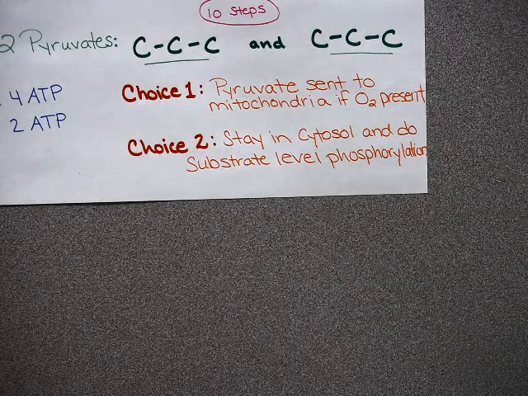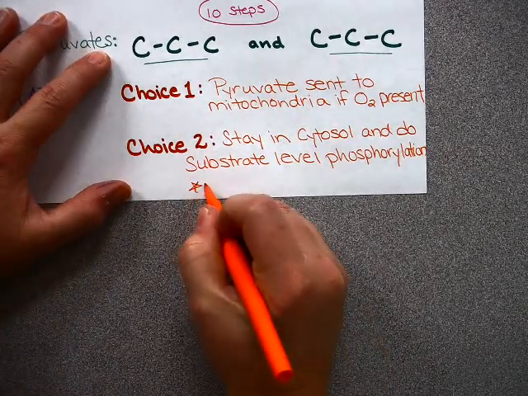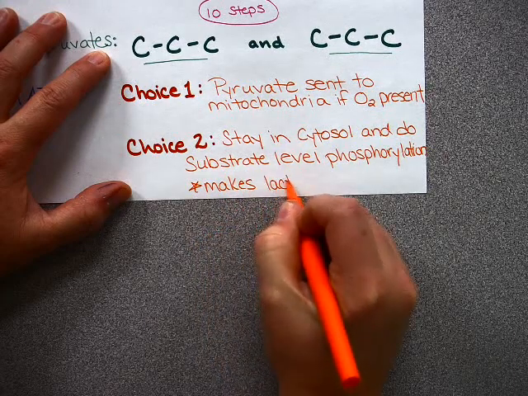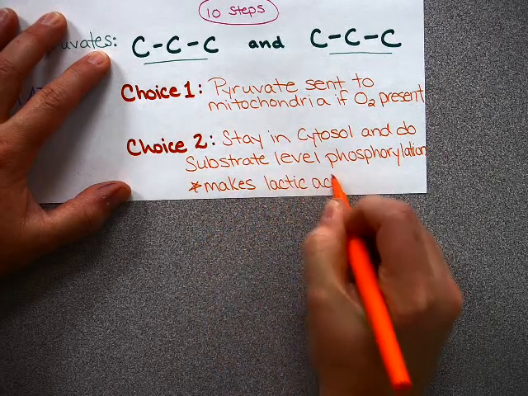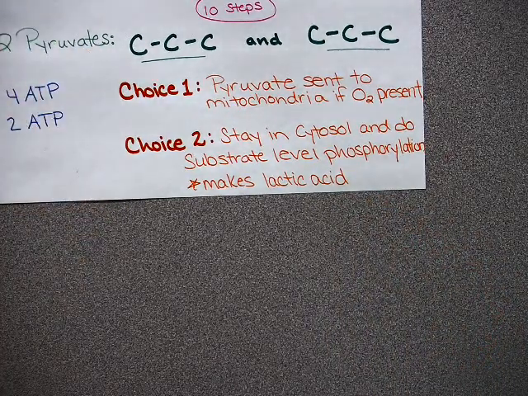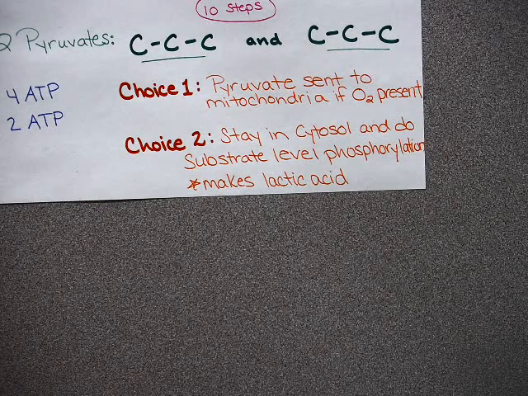In this case, we build up lactic acid. And if you've ever felt that, you know it's not very fun. It makes just a little bit of ATP. Not very efficient. Makes a lot of lactic acid, tears your muscles down.